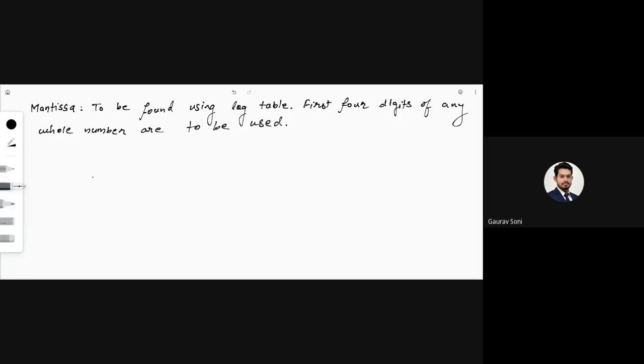So we need to find, say, log to the base 10 of 2364. What is the characteristic of this? Characteristic plus mantissa. Someone said 1. How is it 1?